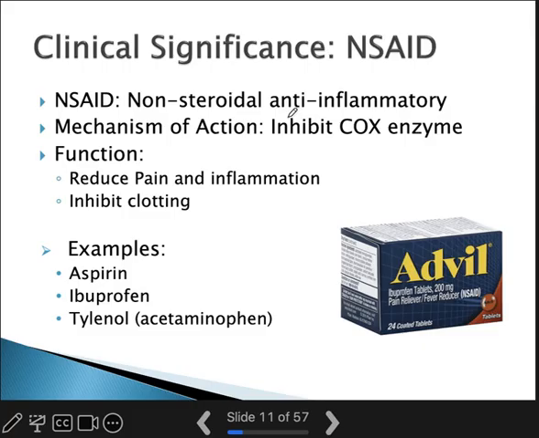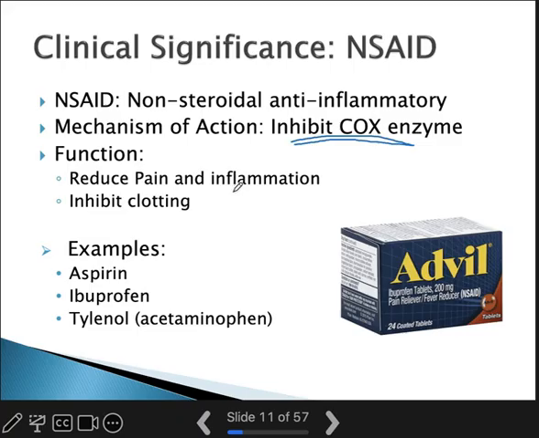The primary mechanism of action is going to be to inhibit that COX enzyme. So once we get arachidonic acid produced, it has to be made cyclical. And if we can inhibit the enzyme that does that, then the hydrocarbon tail does not get modified into the active prostaglandin. And the function of this is primarily to reduce the pain and inflammation of one of the prostaglandins.